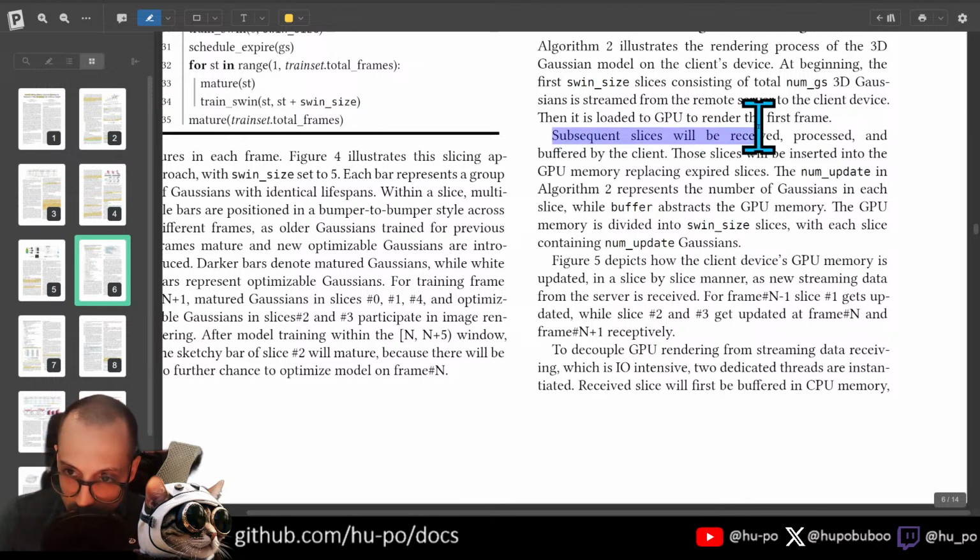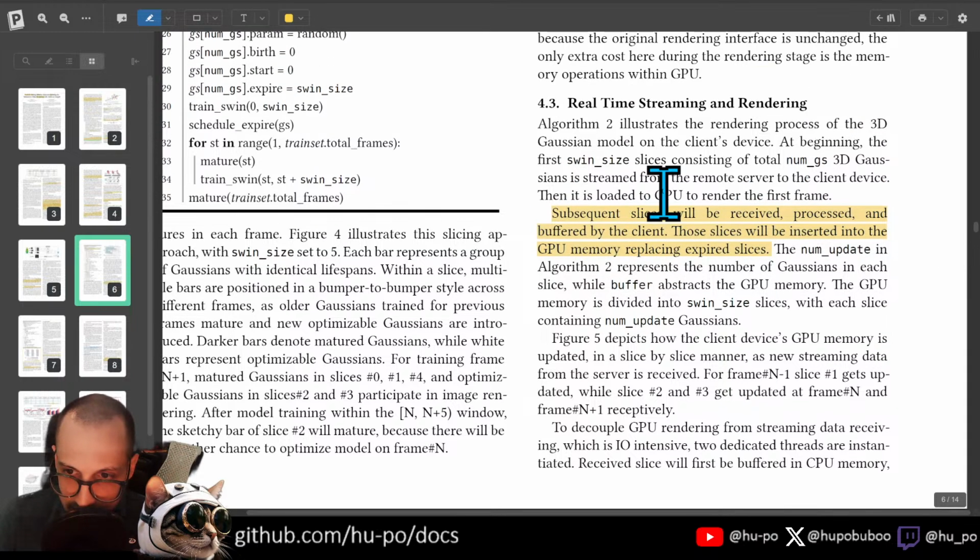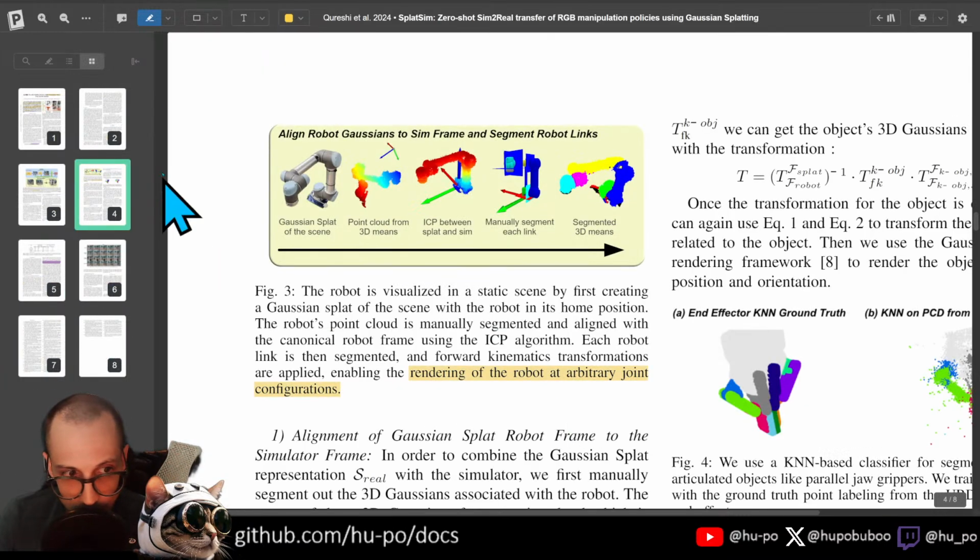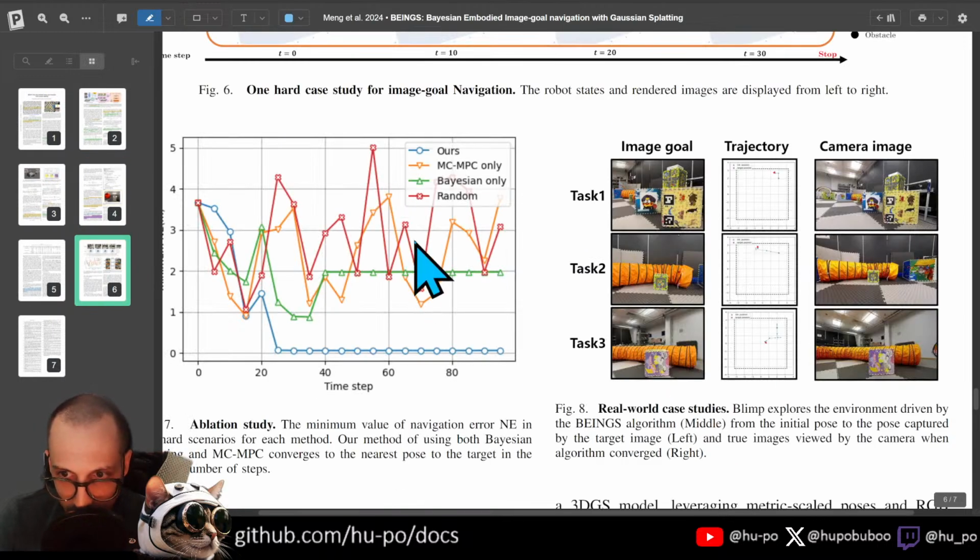Subsequent slices will be received, processed, and buffered by the client. Those slices will be inserted into the GPU memory, replacing expired slices. This is what I think goes beyond just volumetric video and starts to make a lot of sense for a robot, especially a robot that's moving around in a world like this.